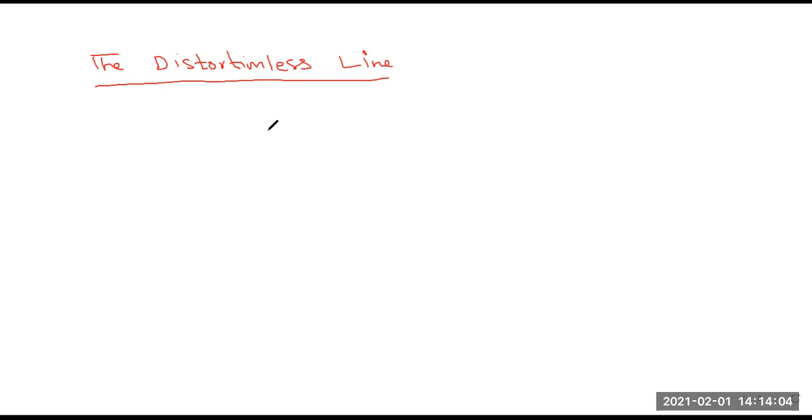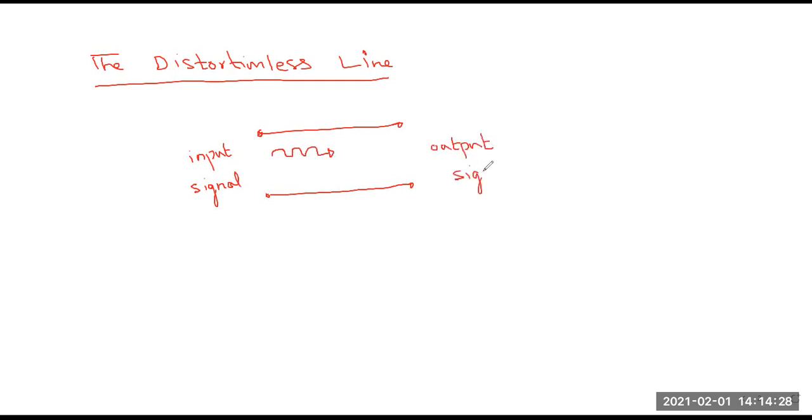If there is a transmission line and on the left hand side you connect a signal, that is the input signal, that signal will travel through this transmission line, and at the right side, at the output of the transmission line, you will get an output signal.